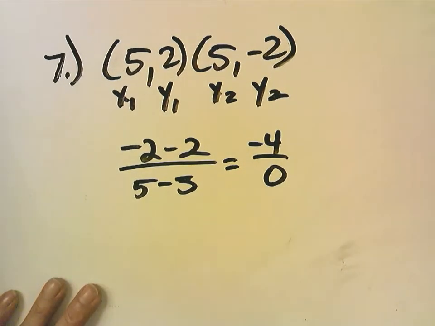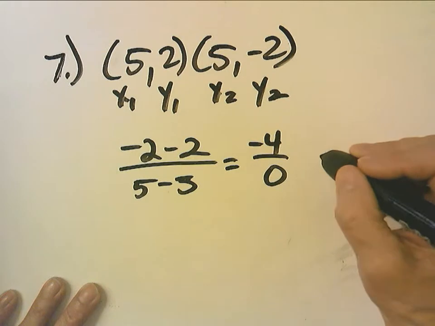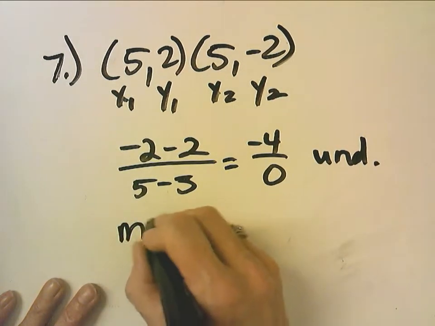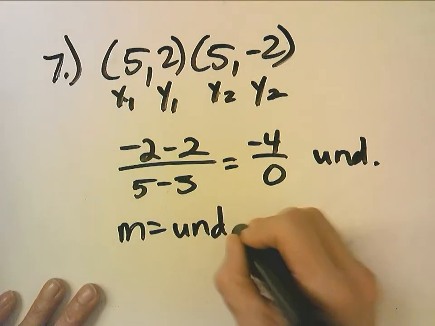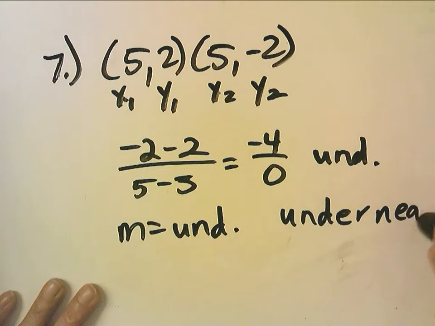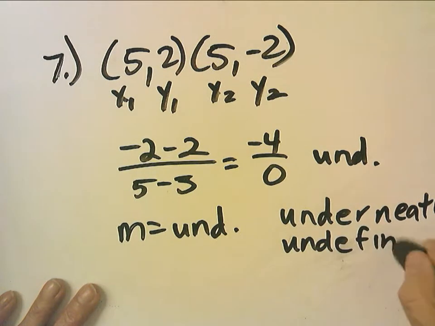Now, if 0 is underneath, it is undefined. So you write m equals undefined. Remember, if it's underneath, it's undefined.